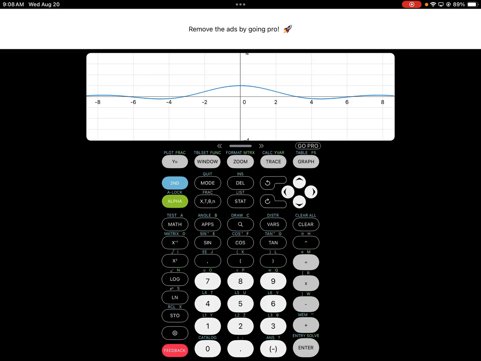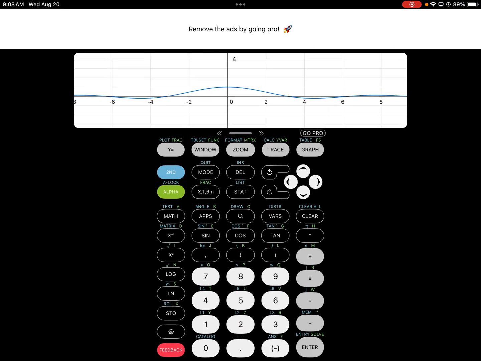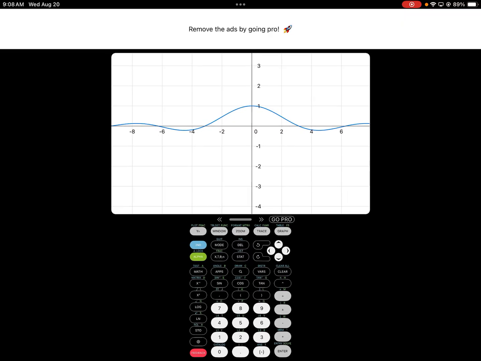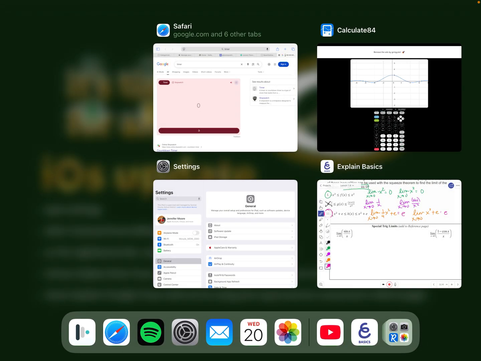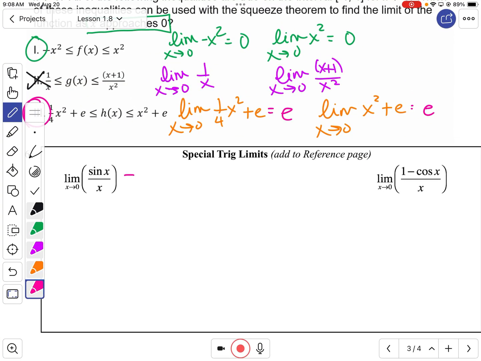If we just look at that limit graphically, as we approach 0 from the left and the right, what's it getting really close to? What's my limit as I approach 0 from both directions? 1, okay? And that's the value of that limit.